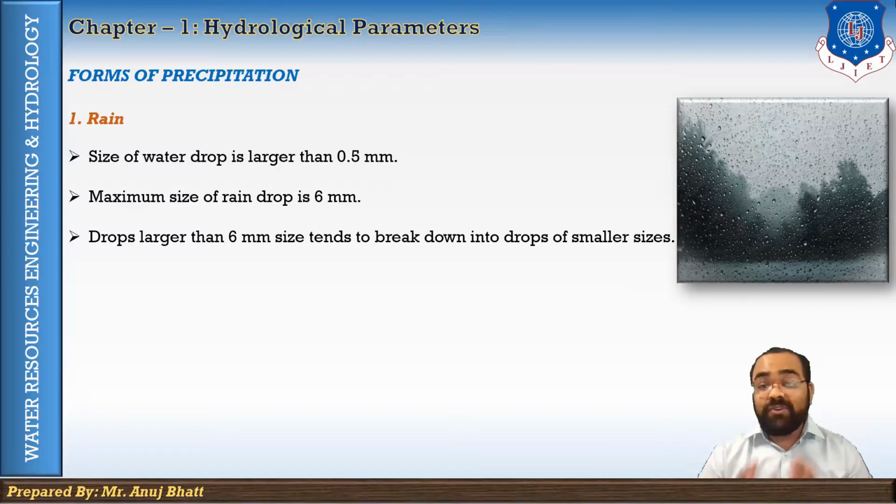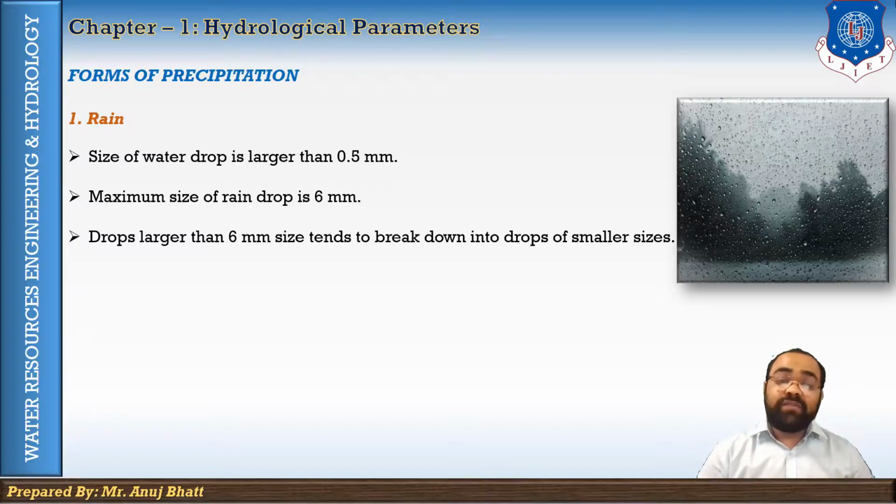The maximum size of such raindrops is about 6 millimeter. Any drop larger than this size tends to break down into drops of smaller sizes during its fall.